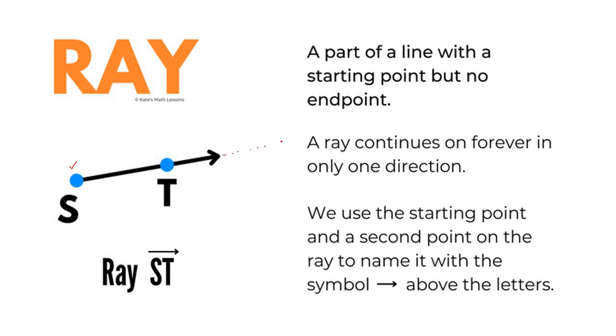It is extending endlessly. A ray continues on forever in only one direction. We use the starting point and a second point on the ray to name it with the symbol above the letter. This is ray ST.